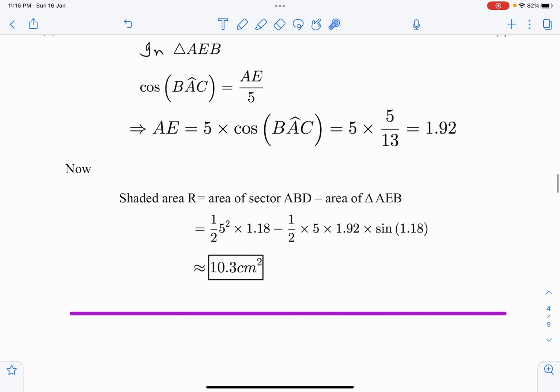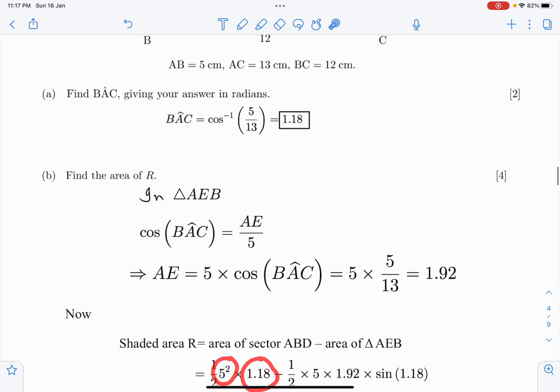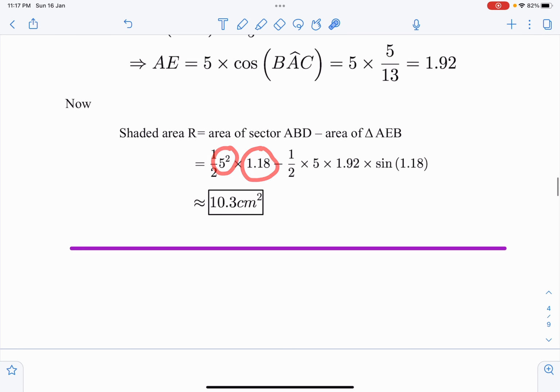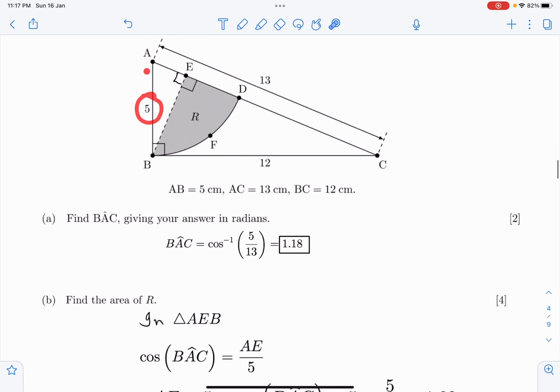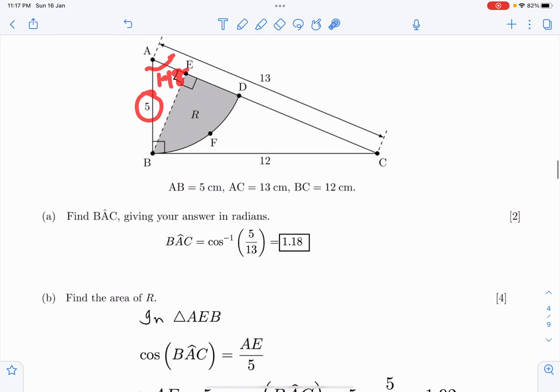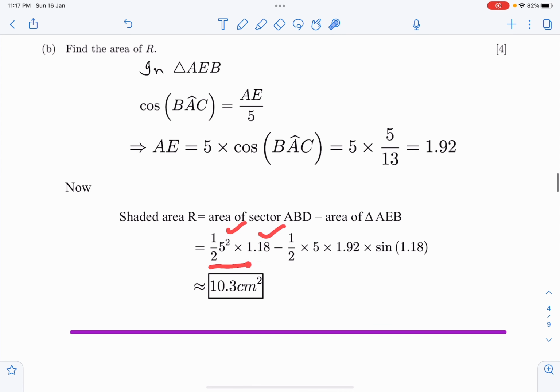The area of sector ABD will be half r squared theta. Theta is 1.18, which we already have. So half into 5 squared into 1.18. Here r is 5 and theta is 1.18.